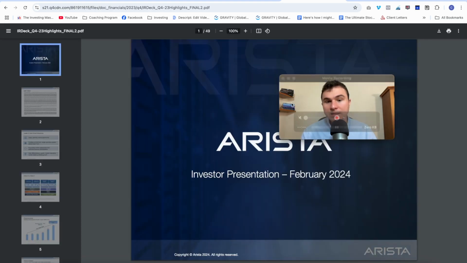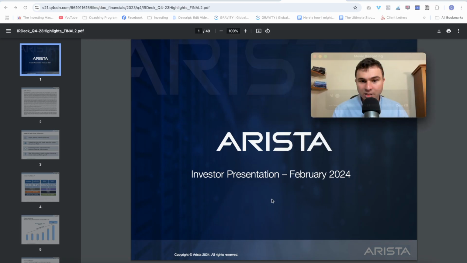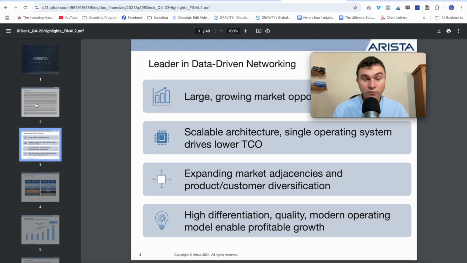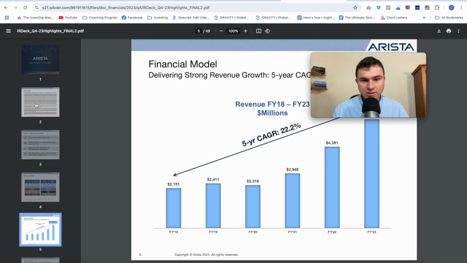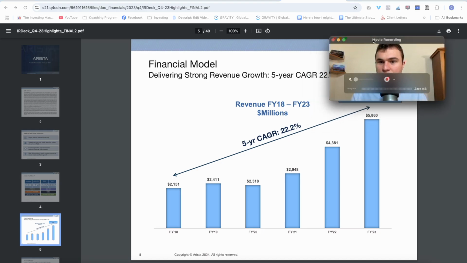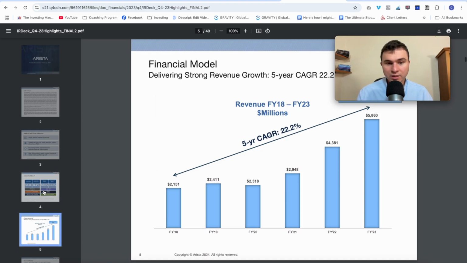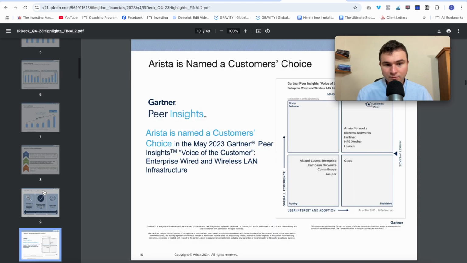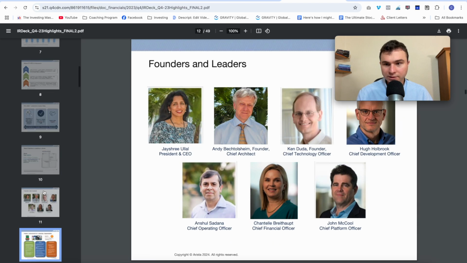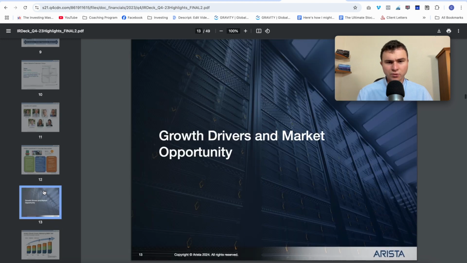I'm using any investor presentation here from February 2024. Okay, they talk about what they do, the margins. That's the track record of the company. You have some very interesting slides. I want the future, their moat, etc., founders, leaders, growth drivers, and market opportunity.